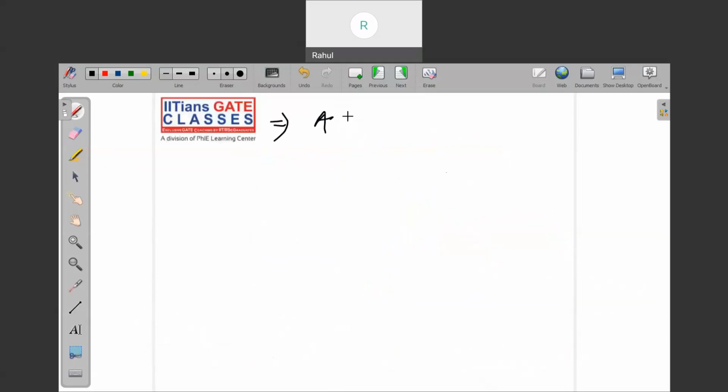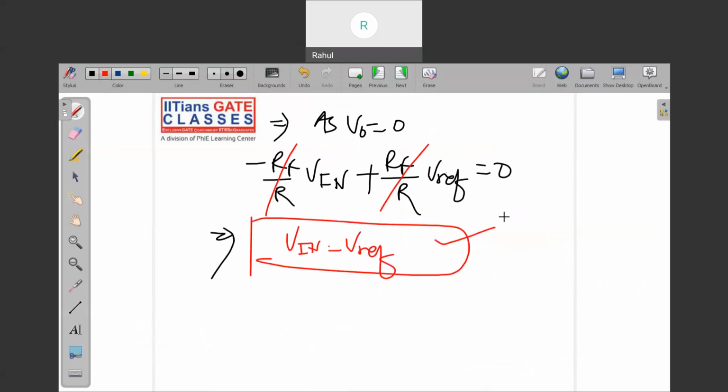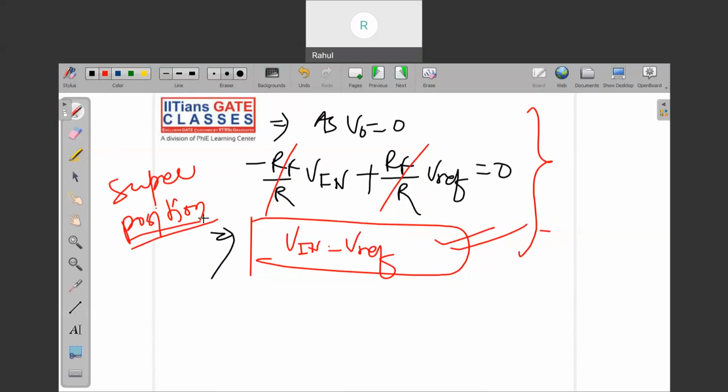As V out equal to 0, minus RF by R V in plus RF by R V ref equal to 0. So you can say that this and this get cancelled. So V in equal to V ref. In a single line you can solve this kind of question, if you are able to identify the circuit and apply the superposition principle. This kind of question can be done within 10 or 20 seconds, right?